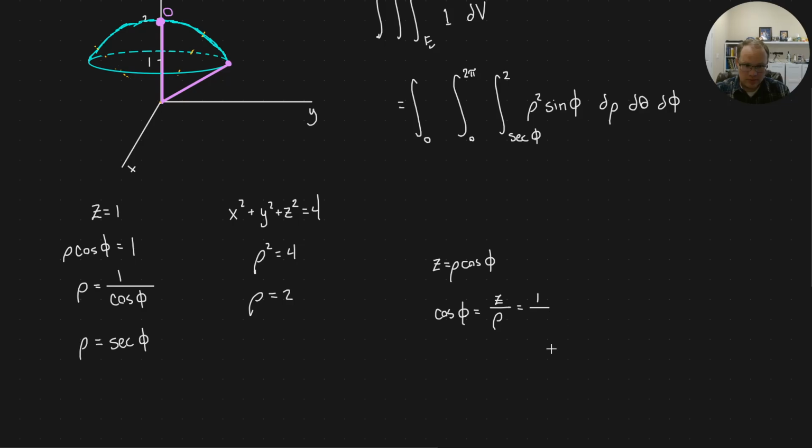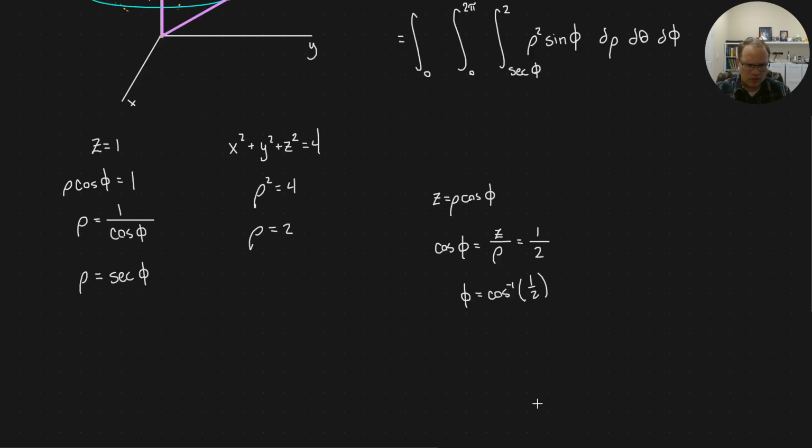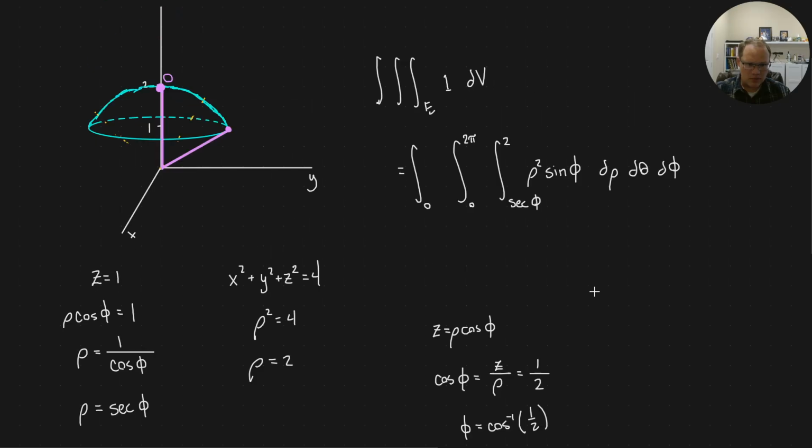So z is equal to 1. But I'm also at the edge of the sphere. And this sphere has a radius of 2. So rho is 2. Okay? And so I want my phi to be the arc cosine of 1 over 2. All right? So draw a little triangle there. Or you know what? That could just be my answer. Arc cosine of 1 over 2. Okay? The integral is set up. And we just need to evaluate it for our final answer.